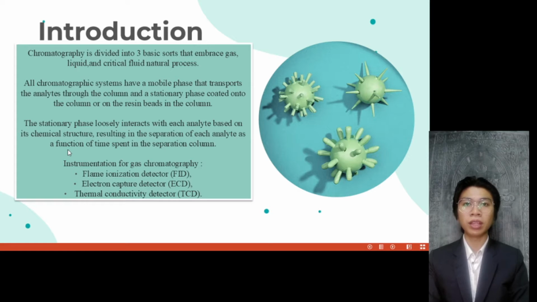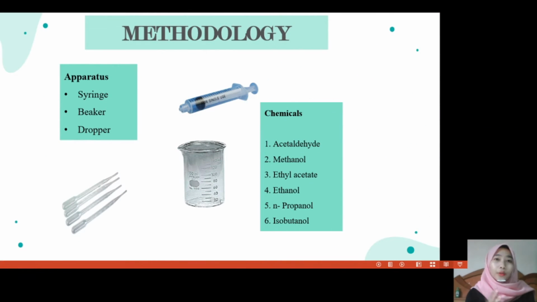And number 3, the thermal conductivity detector, or TCD. This detector senses changes in the thermal conductivity of the column effluent and compares it to a reference flow of carrier gas. And now we proceed to the methodology for this experiment.